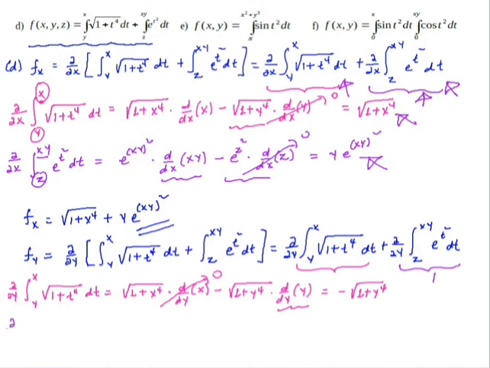So the partial derivative with respect to y of the integral from z to xy e to the power of t square dt, what does it become? e to the power of xy the whole square times d by dy of x times y, minus e to the power of z square times d by dy of z.